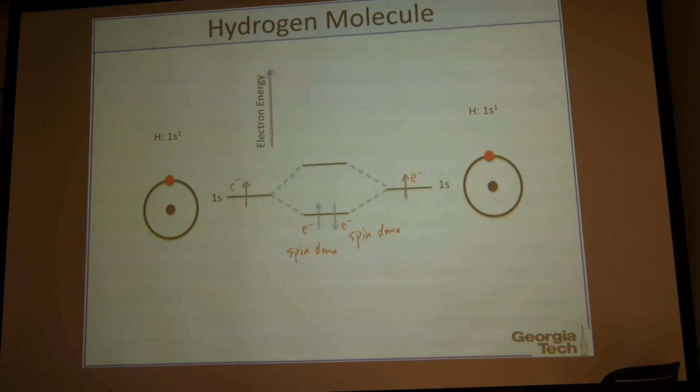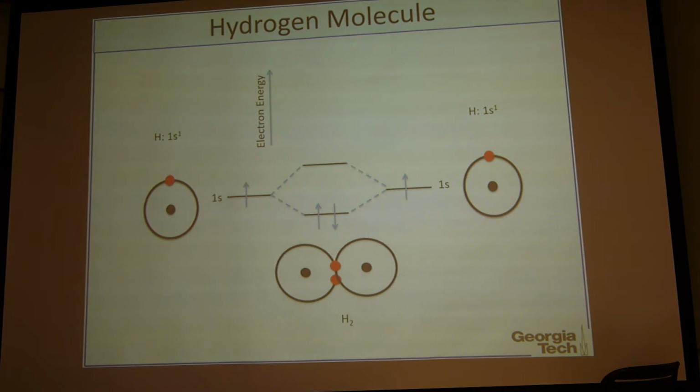This is due to the Pauli exclusion principle in quantum mechanics, so in one energy level you can only have 2 electrons, one spin up and one spin down. This is related to the magnetic property of the electrons. I will skip those discussions, which are not very important for us. So then you have your hydrogen molecule here, with those 2 electrons bonded together.